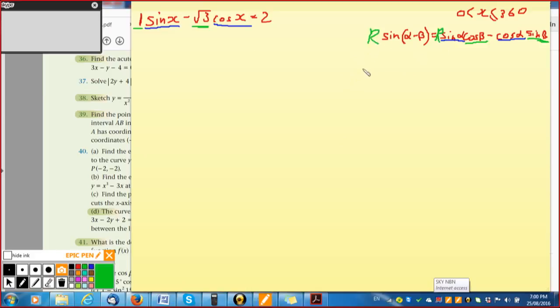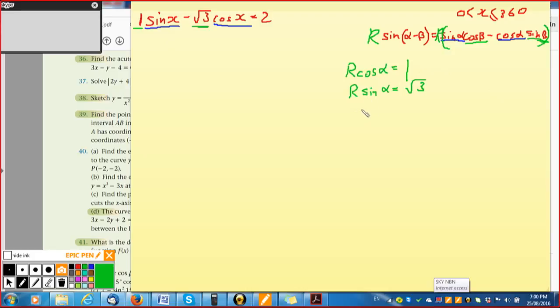So we've got R cos alpha equals 1 and R sine alpha equals root 3. Does that make sense? Because we're saying that sine beta is going to be equal to this root 3, and cos beta is going to equal to this 1. So we've got this and this.